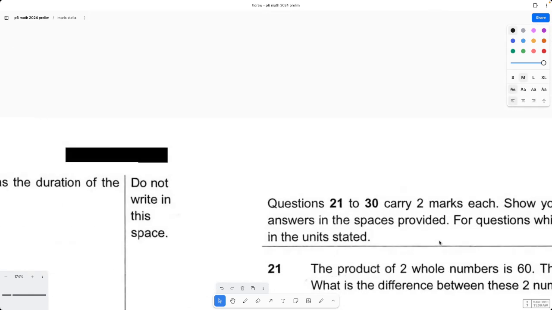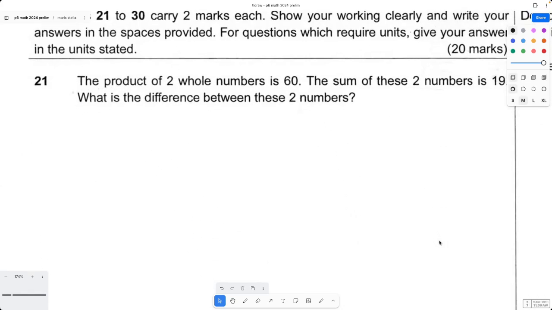All right, let's move to question 21. The product of two whole numbers is 60. The sum of these two numbers is 19. What is the difference between the two numbers?